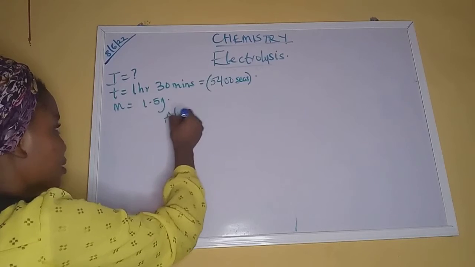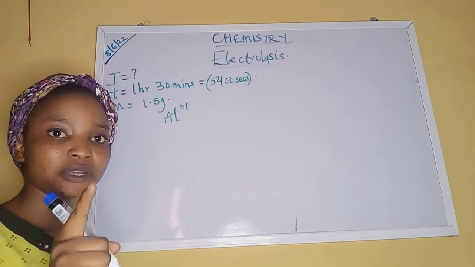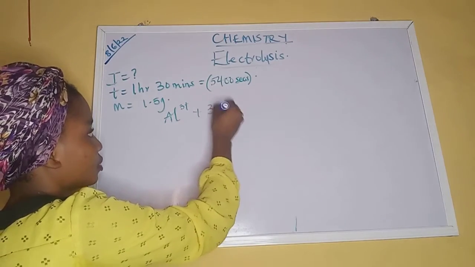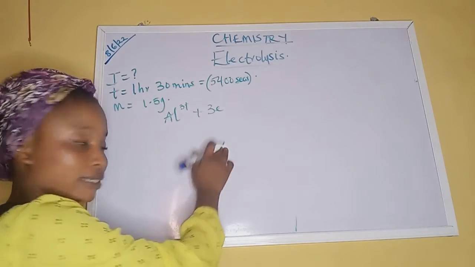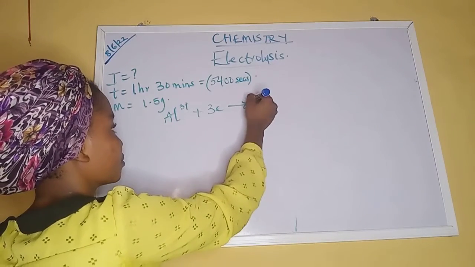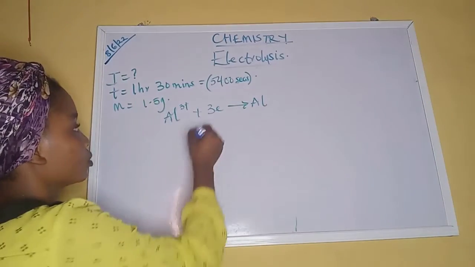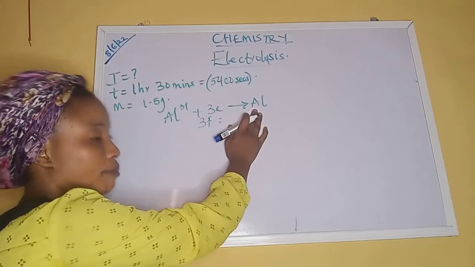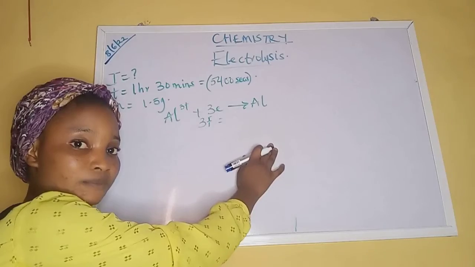Therefore, I oxidize my aluminium. My aluminium carries 3+ charge. That's the same amount of Faradays that will be needed to oxidize it. So we have 3 Faradays to give us the molar mass of aluminium, which is 27 grams per mole.